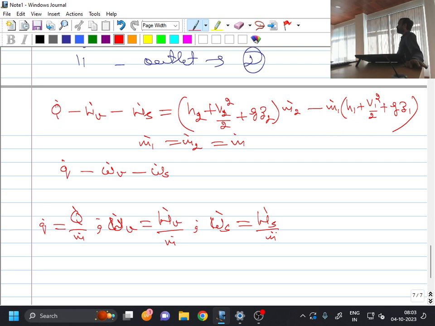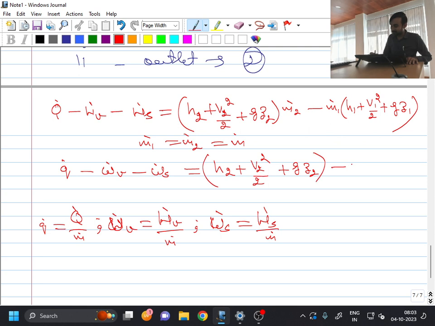So this is on a per unit mass flow rate basis, and ultimately this equals H2 plus V2 square by 2 plus GZ2 minus H1 plus V1 square by 2 plus GZ1. Okay, this point is clear.